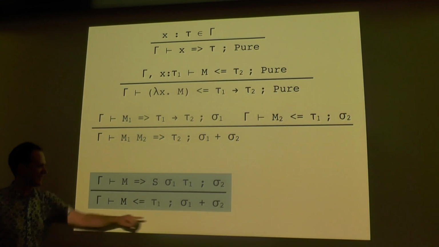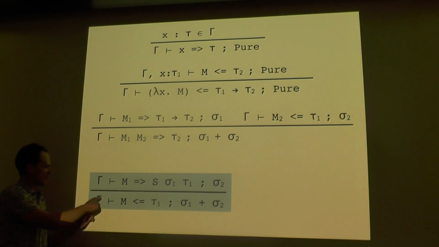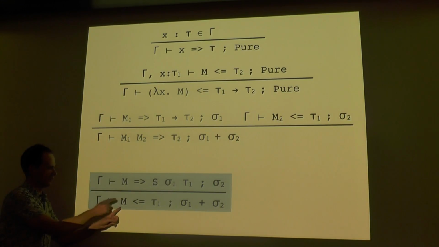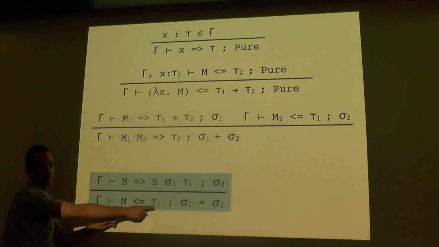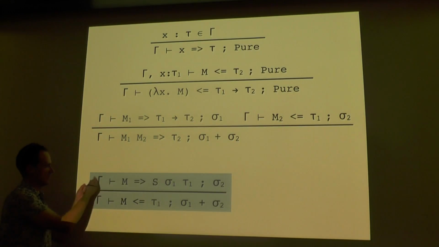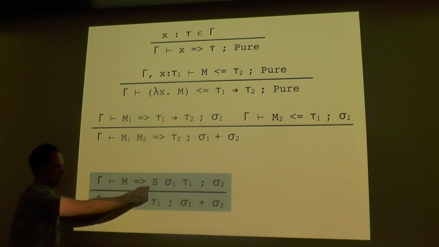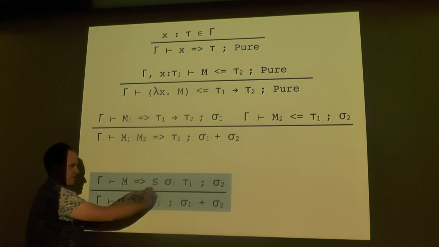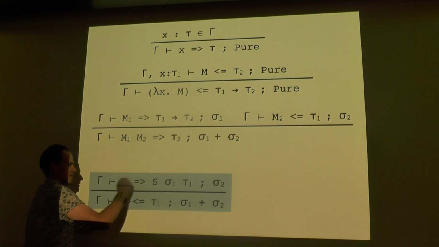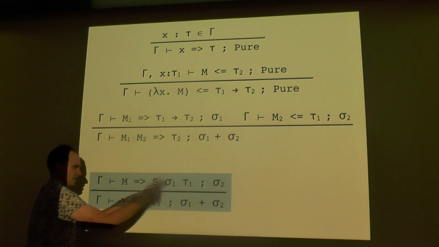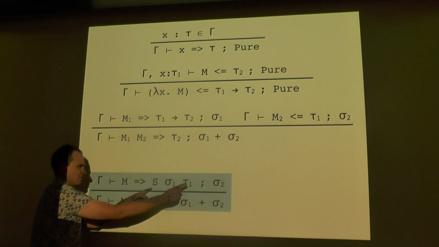So in this relation, algorithmically, I have a context and I have a term and I have the expected type. So I can then use that information to get the inferred type of that, so that I know that the type of this is a suspended computation of that effect type and that result value.